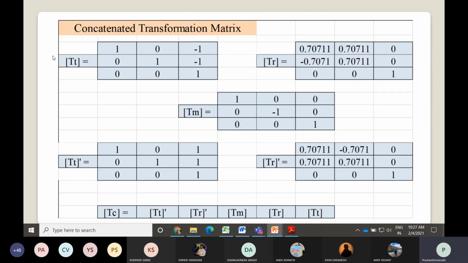These are the transformation matrices. Minus 1 1 brings that point A to origin, then rotate by angle, then mirror about x-axis, that means y coordinate will be negative, then again translate back, and this is rotate back.